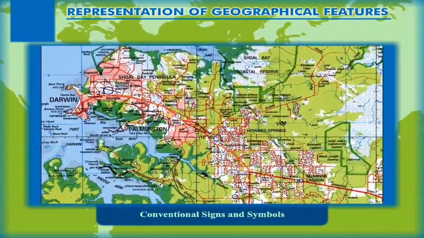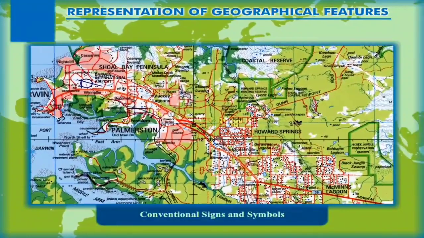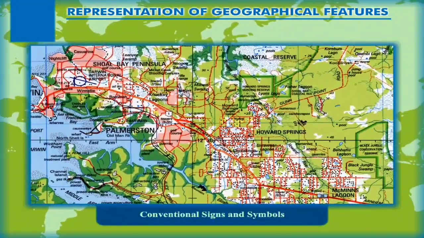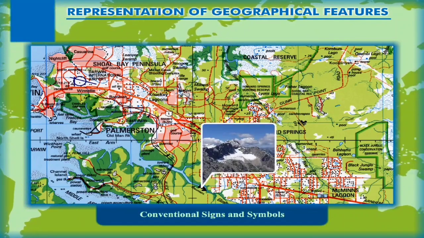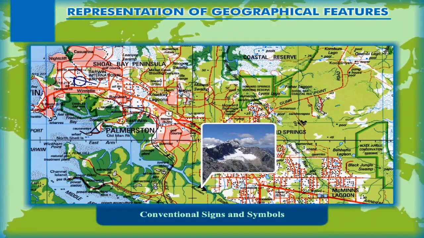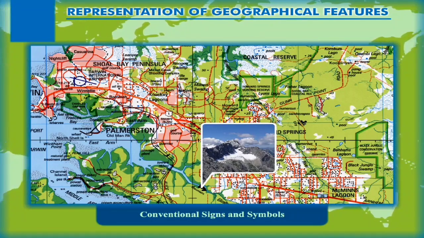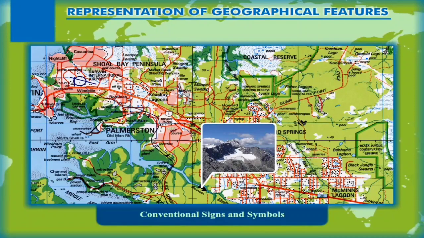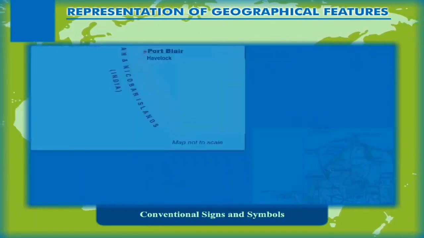The size of the map is much smaller than the actual size of the land. The land is represented in reduced size on a map. It is not possible to show natural and man-made features on the map in their actual shape and size.